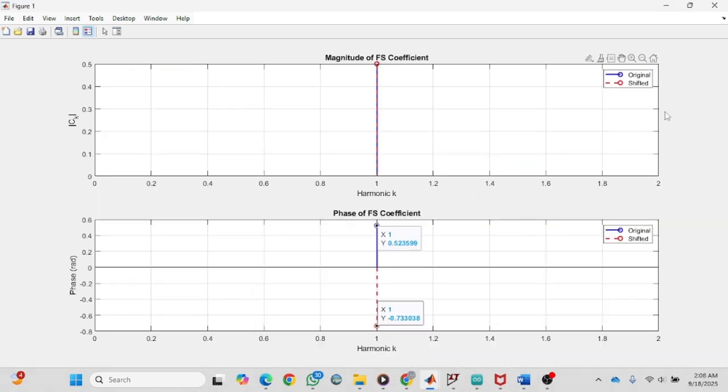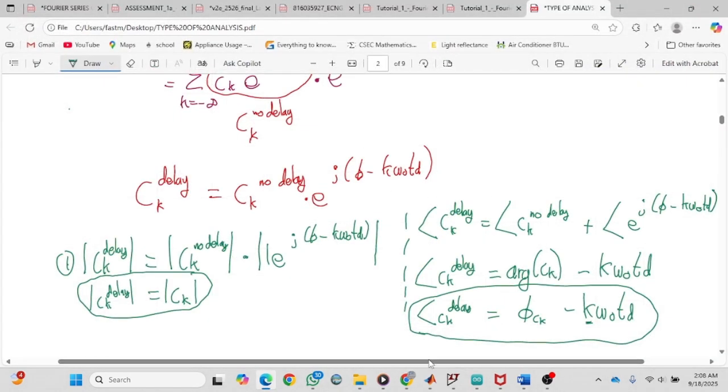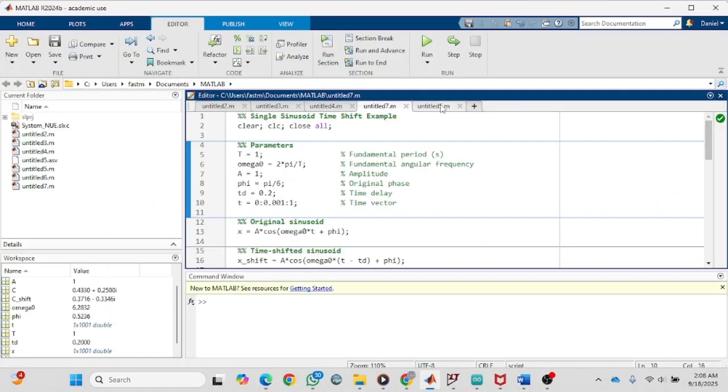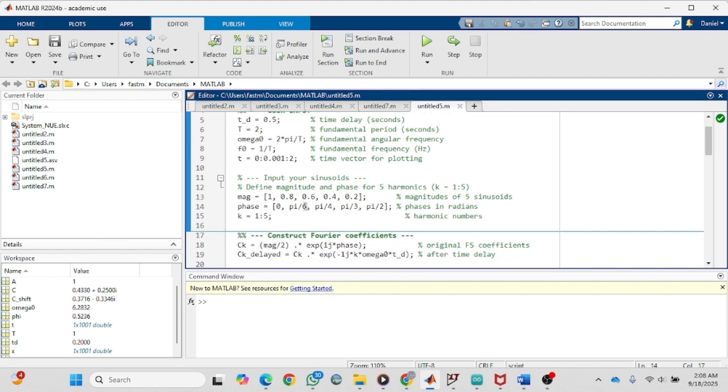Okay, so that's how the first one was. And I'll do one more. This one will have more sinusoids in it. So this one will have 5, I believe. Down here we can actually play around with the magnitude and the phases of each of the 5 sinusoids. Remember, this one will be 1 cos omega naught t plus 0.